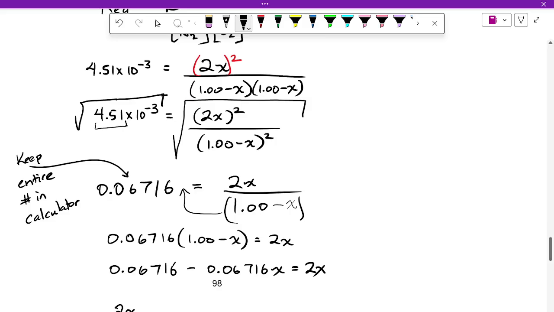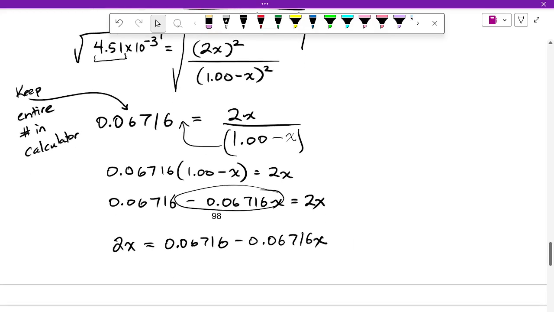Actually, I flipped the entire thing. I said 2x is equal to 0.06716 minus 0.06716x. Yes? But that's exhausting, so I just did all that in my head and added this to the other side.